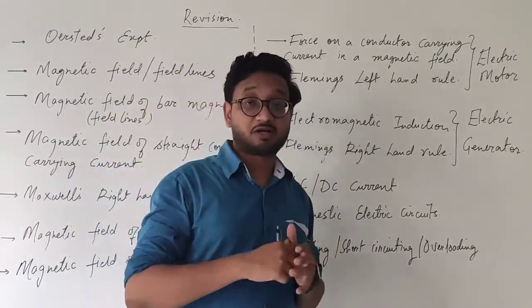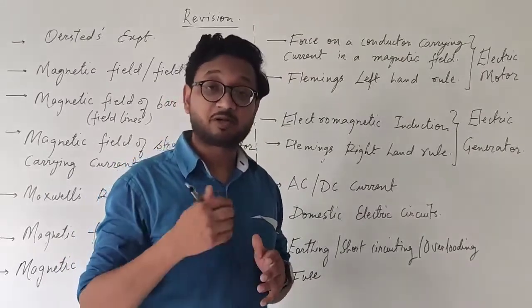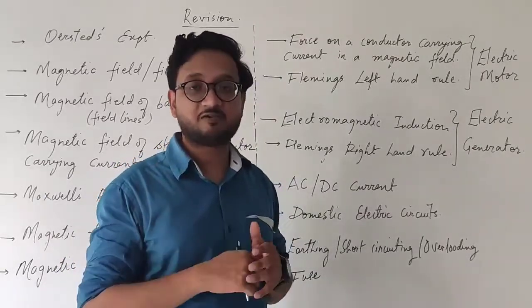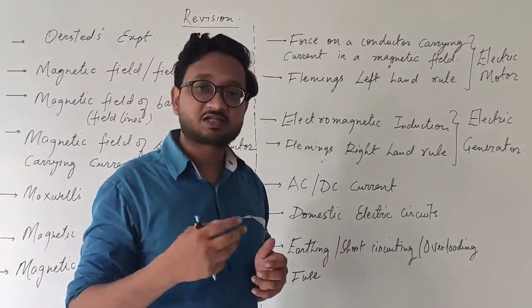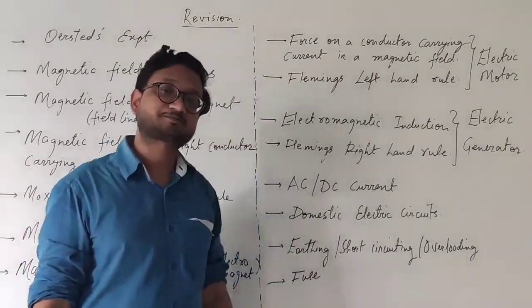And more importantly, it can save our expensive appliances, and even more importantly, it can save us from the fire hazards that can potentially happen because of this short circuiting or overloading.